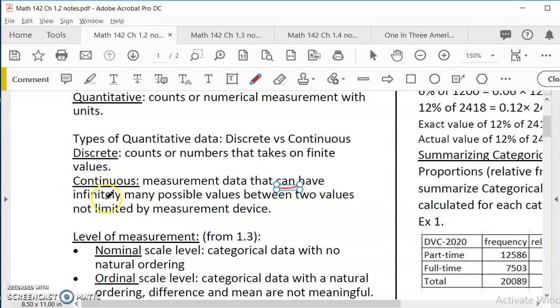An example would be height. Sometimes you will say, I'm 5'6", 5'10", or 5'2". You feel that you only measure up to an inch, and it's really because you rounded it. If you have a very accurate measuring device, you can measure up to 5 feet 7.123 inches. So there can be infinitely many values in between two numbers, so that's continuous.